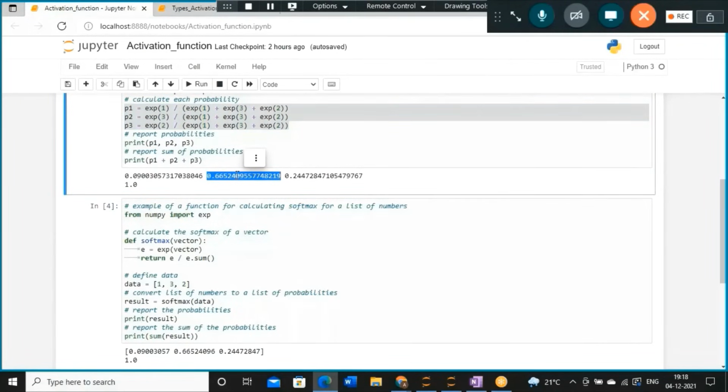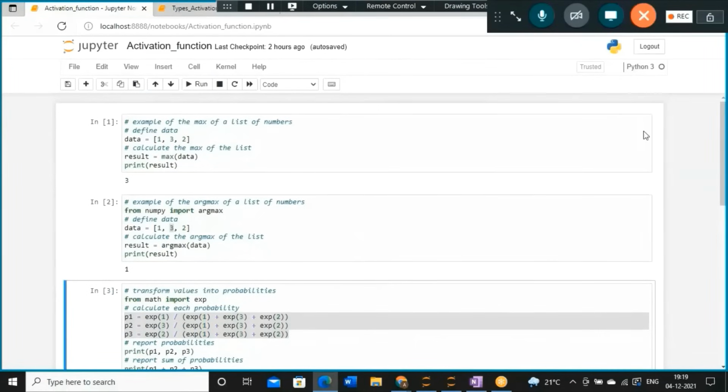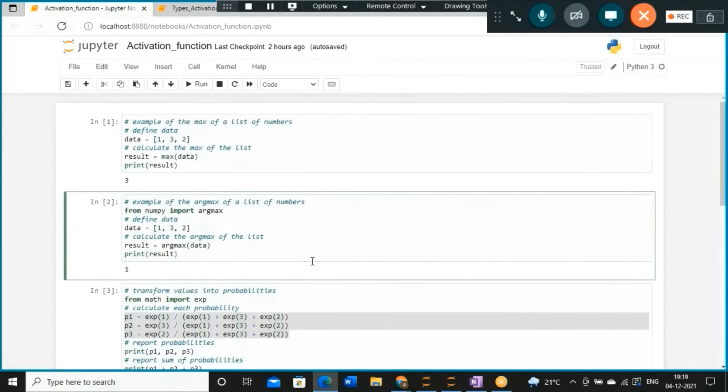So actually we are getting the maximum weightage as an output for the softmax function. This is the main consideration that you have to keep in mind. That's why the output of the softmax function is completely different from the other two max functions. So this is the basic concept.